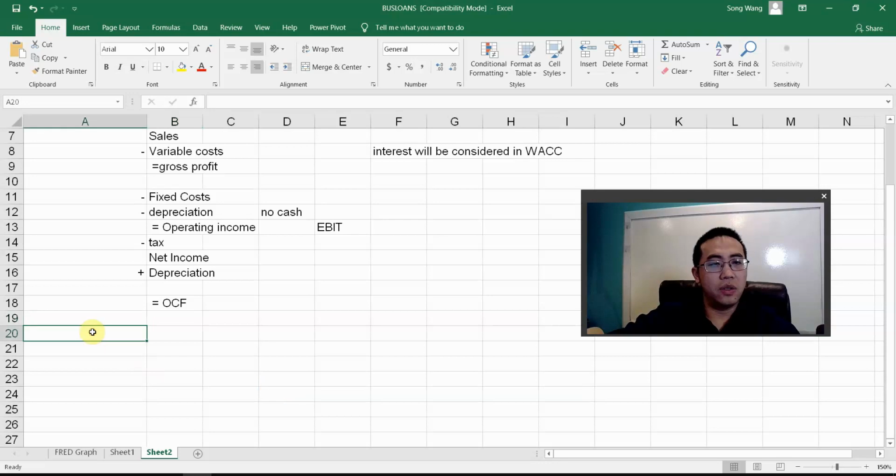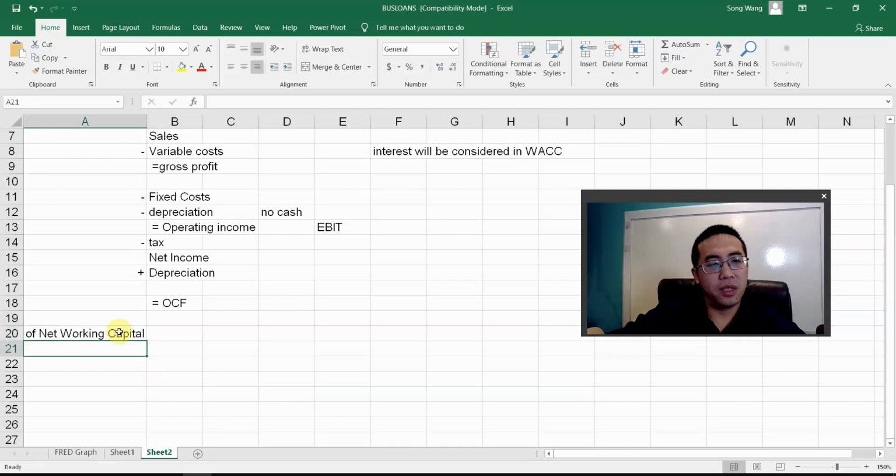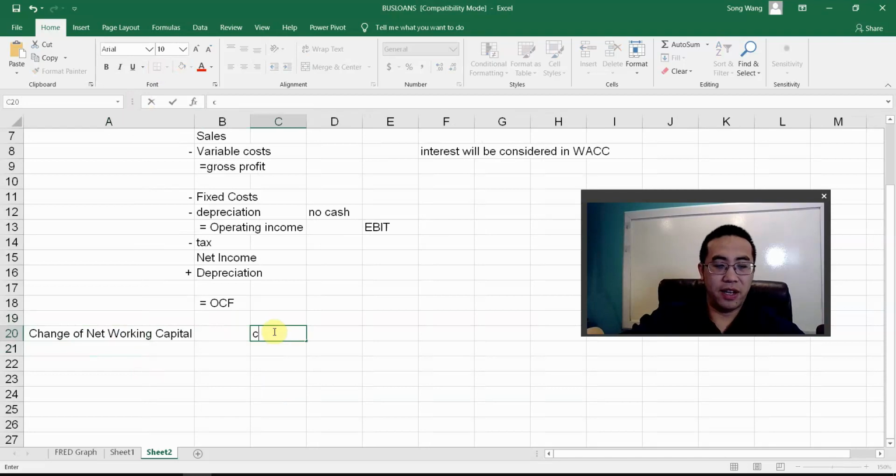And then you also need to consider the change of net working capital. It should really be called the cash flow effect.